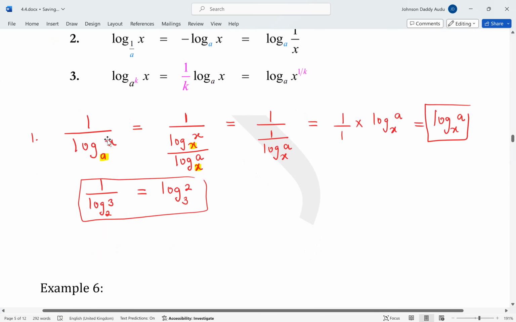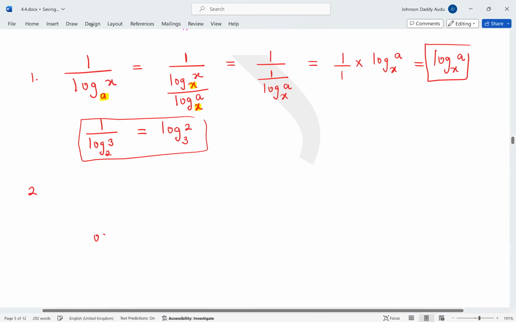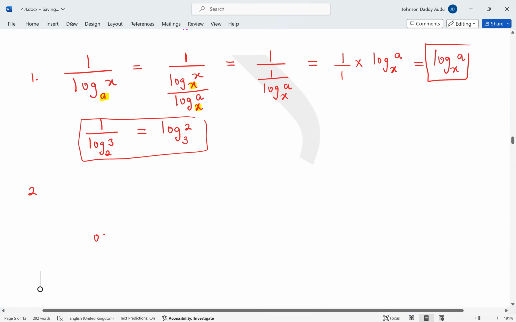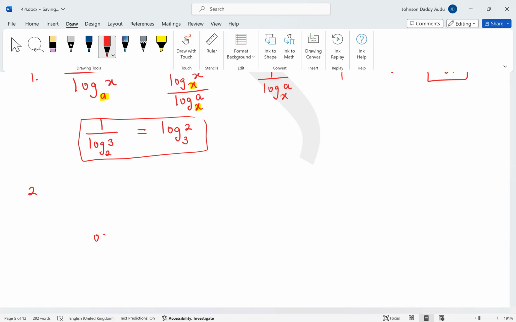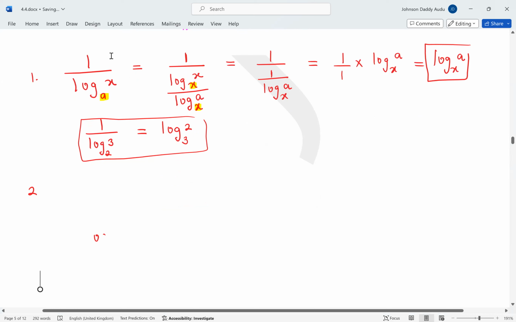All right. Now, let's see the second one as well. The second one is still the same. So we want to show the second property. Okay, so let's hope this works now.